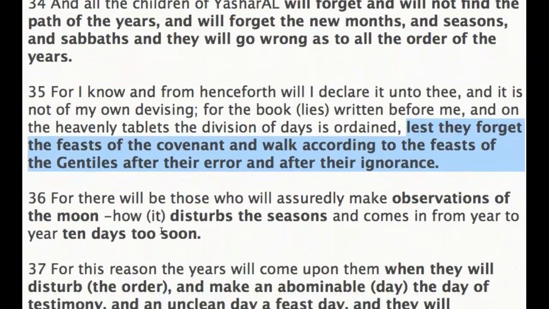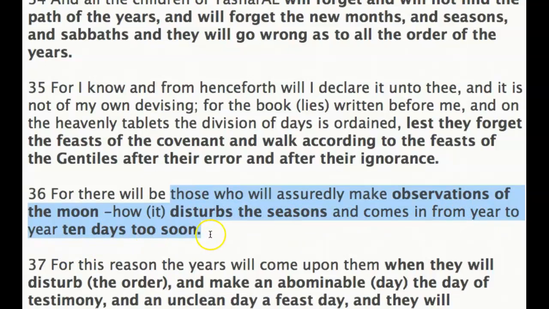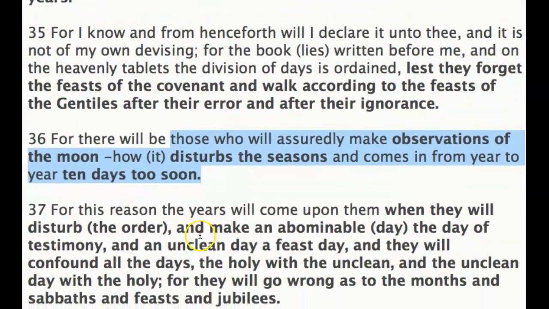Then it says, verse 36, "For there will be those who will assuredly make observations of the moon, how it disturbs the seasons and comes in from year to year 10 days too soon. For this reason the years will come upon them, when they will disturb the order, and make an abominable day, the day of testimony, and an unclean day a feast day. And they will confound all the days. The Kadash are made apart with the unclean, and the unclean day with the made apart.